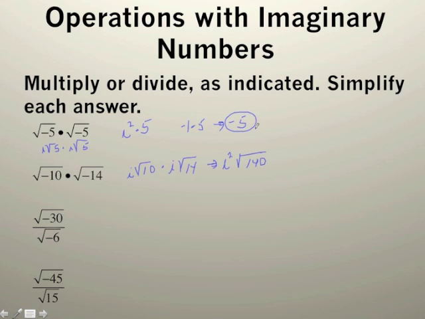Now the square root of 140 does have a perfect square factor. It's 4 times 35. And i squared is negative 1. So that would lead to negative 1 times 2 times the square root of 35.